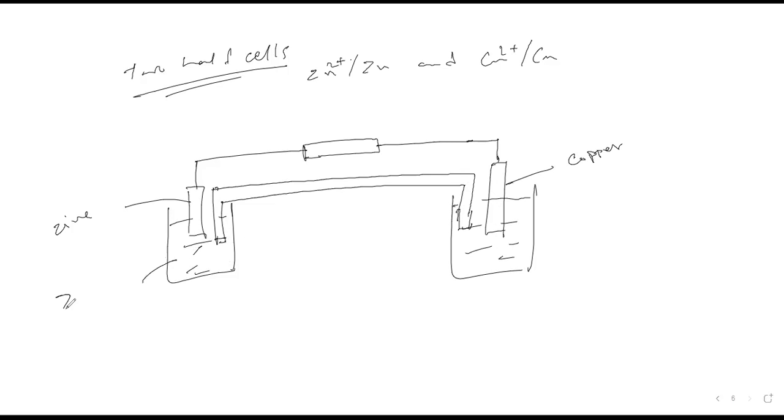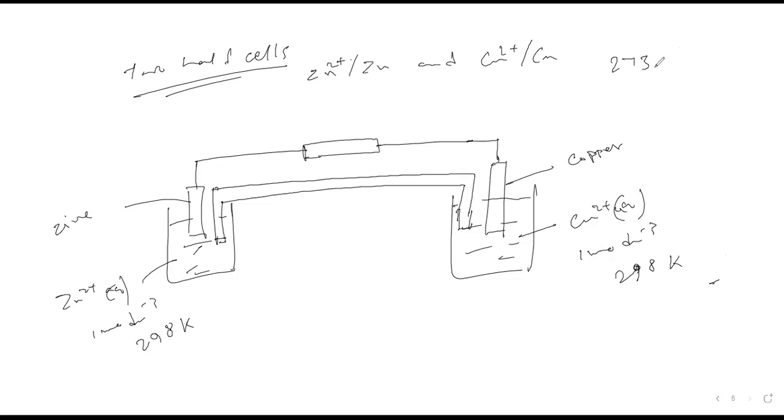Here, this solution contains Zn2+ aqueous at 1 mole per dm cube and 298 Kelvin, or you can say 25 degrees centigrade. In chemistry we tend to use Kelvin, so that's better to use. Then the solution contains Cu2+ aqueous at 1 mole per dm cube at 298 Kelvin, because 298 Kelvin is equivalent to 25 degrees centigrade. 0 degrees centigrade is equivalent to 273.15 Kelvin, but for approximation let's say 273.